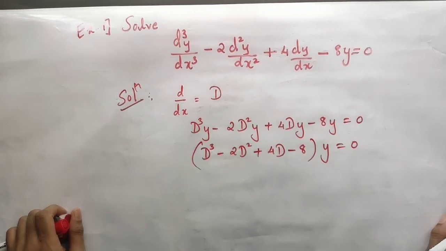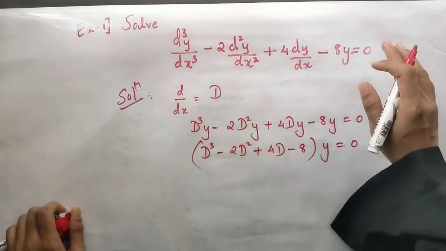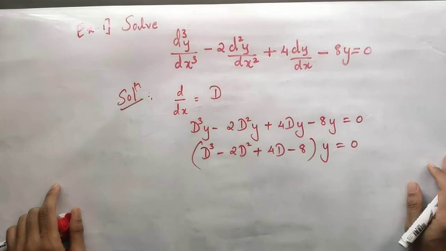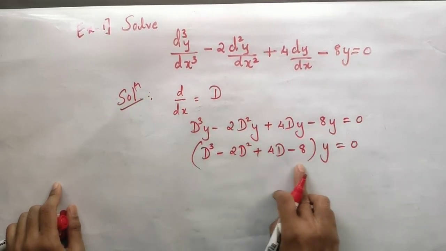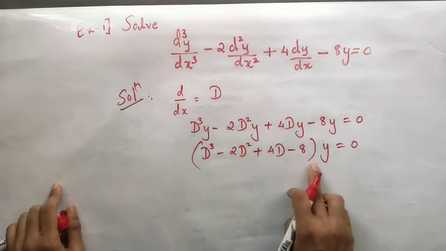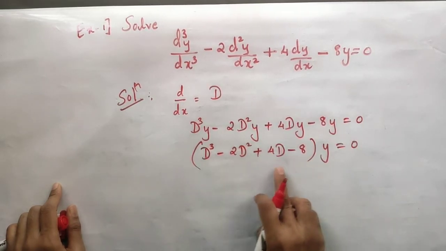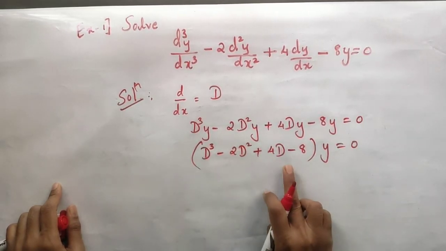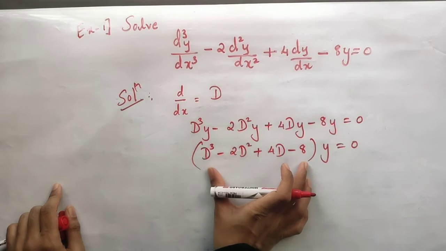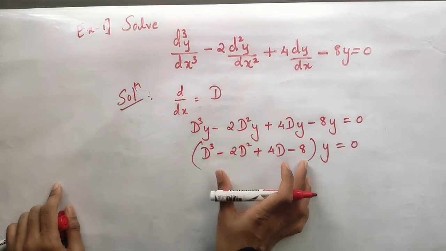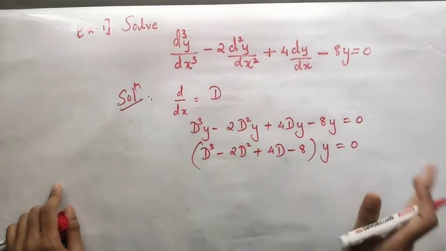All of you take a pen and a paper and start working with the steps with me. Now take this bracket. This bracket is very important for us. It's a function of D, and I told you how to write the auxiliary equation using this bracket. You should only consider the bracket terms, replace every d by small m and equate it to 0.